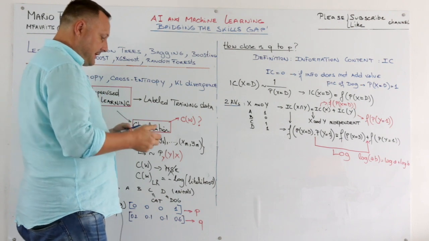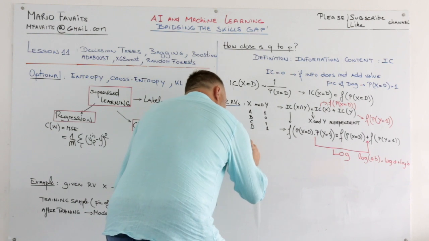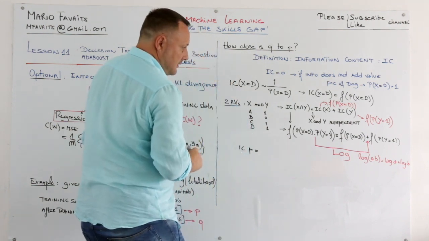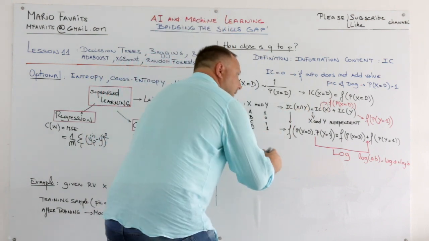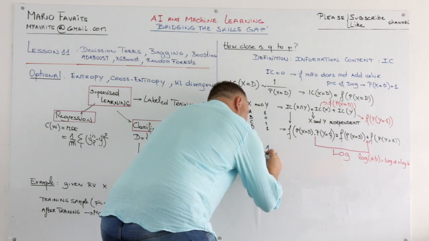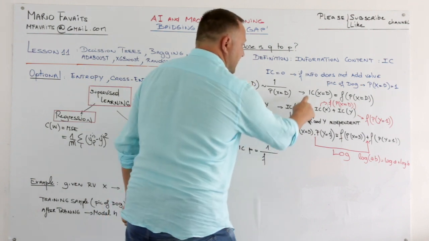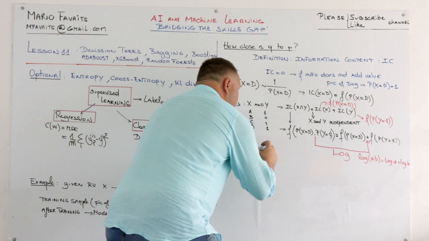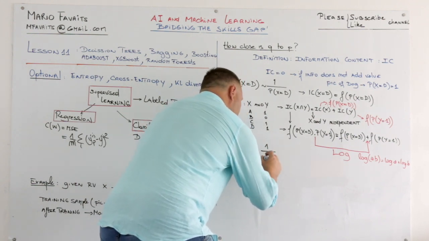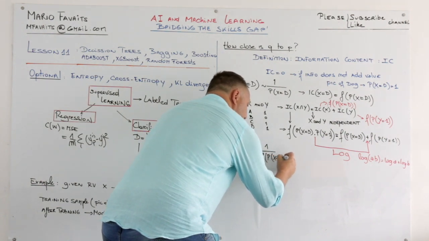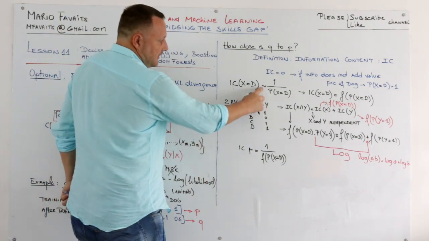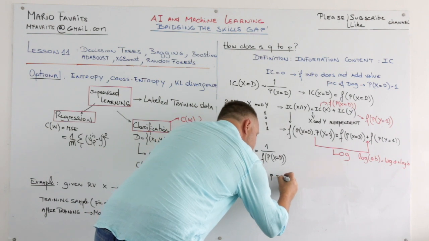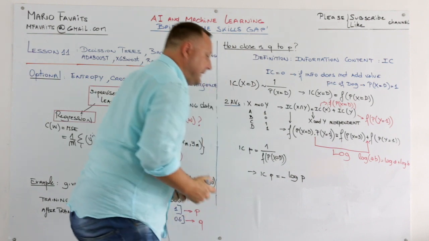So now we have a formula for the information content of a distribution P. It equals 1 divided by a function of the probability that X is D. So that means that the information content of a probability distribution P equals minus the log of that distribution.